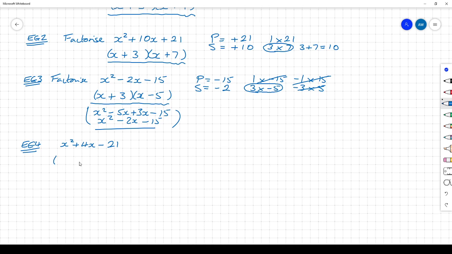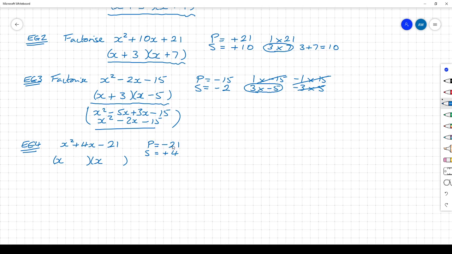So how do we start? We put a pair of brackets. Remember the little 2 reminds us to put 2 pairs of brackets. Pop an x in the front of each one, leaving 2 gaps for 2 numbers that we need to find. What do we know about those 2 numbers? The product is minus 21, and the sum of those 2 numbers is plus 4, the coefficient of x.